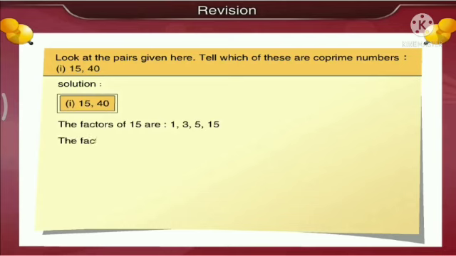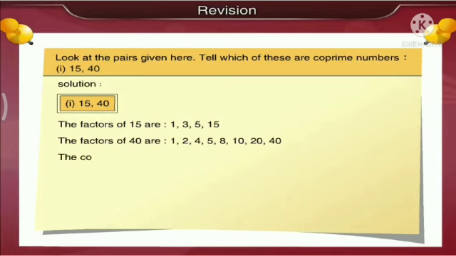Next we will write down the factors of 40. 40 is divisible by 1, 2, 4, 5, 8, 10, 20 and 40. These are all the factors of 40.